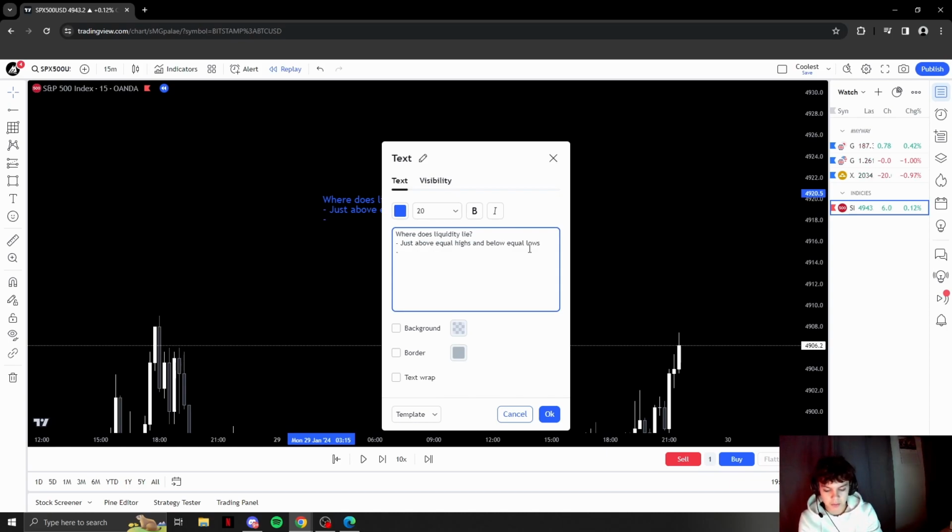It also lies above recent highs in a trend and below recent lows in a trend. Okay, and also highs and lows on higher time frames.